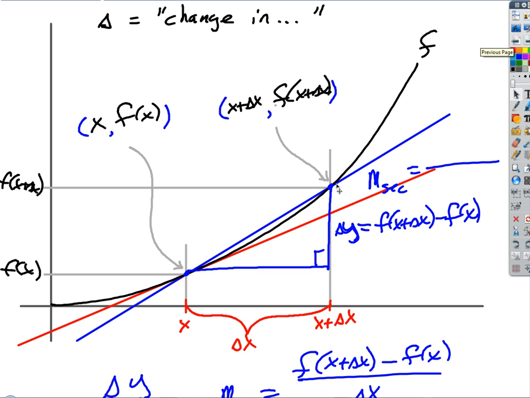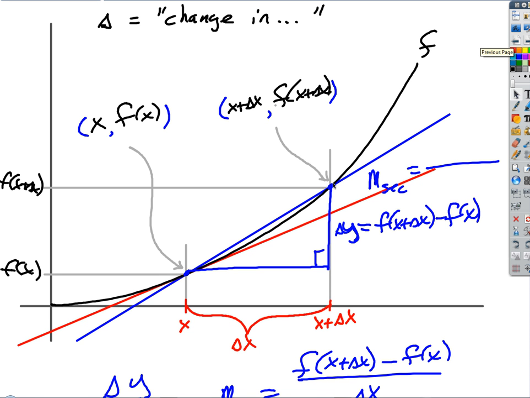We defined this in terms of some point x, f of x, and another point an arbitrary distance delta x away on the x-axis. So how did we define the slope of a secant line in terms of these two points, x, f of x, and x plus delta x, f of x plus delta x?